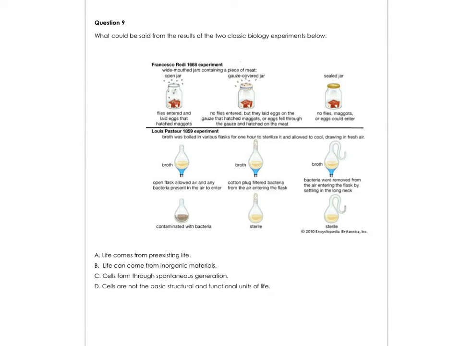We've analyzed experiments in class. You need to apply the scientific method and be able to identify what the goal is, what you are able to infer from these results, what the control group is, those kinds of questions.